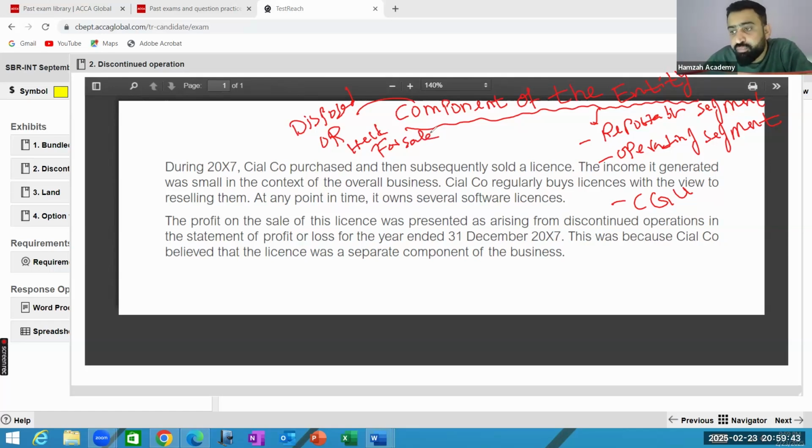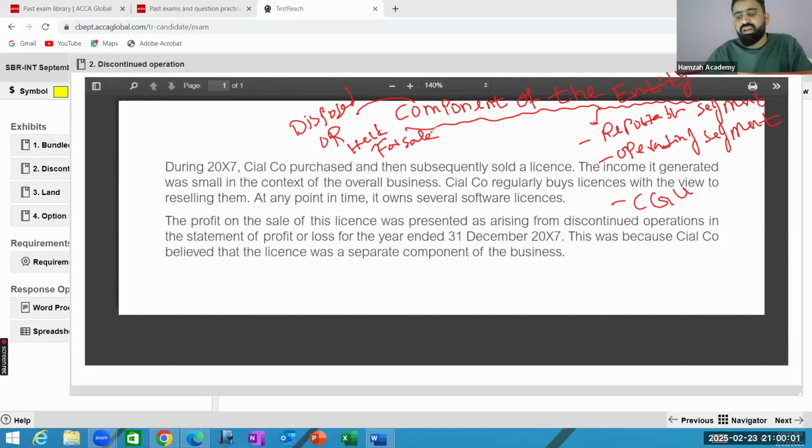So it should be a component of the entity, and that component of the entity has been disposed of, or has been held for sale.